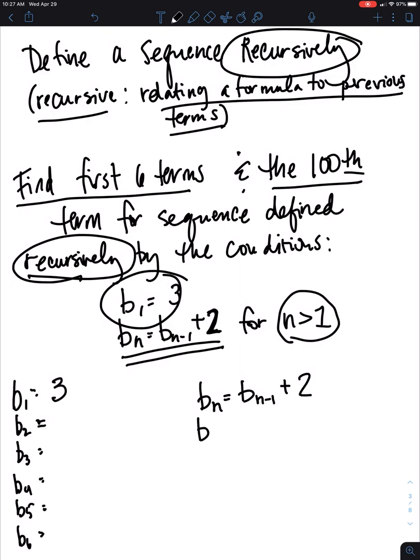What is n here? n is 2, so I'm going to do 2 minus 1. B2 equals, what's 2 minus 1? Let's all say it together. B1 plus 2. B1 is 3, they had to tell us what the first term is. So B2 is 3 plus 2, which is 5.